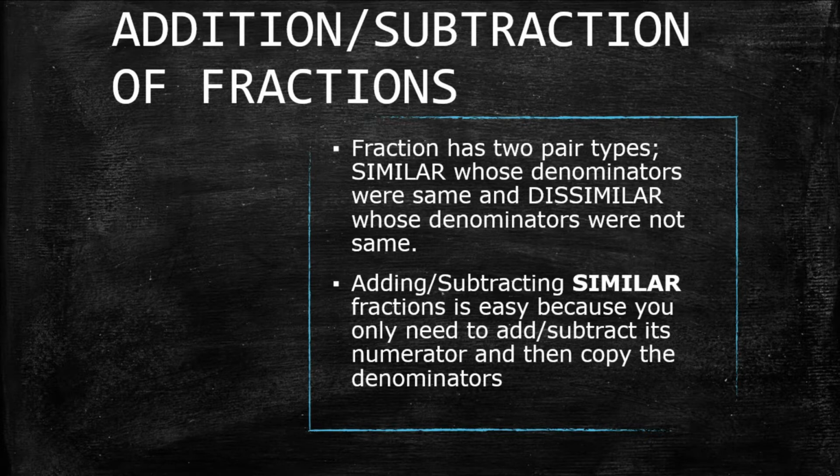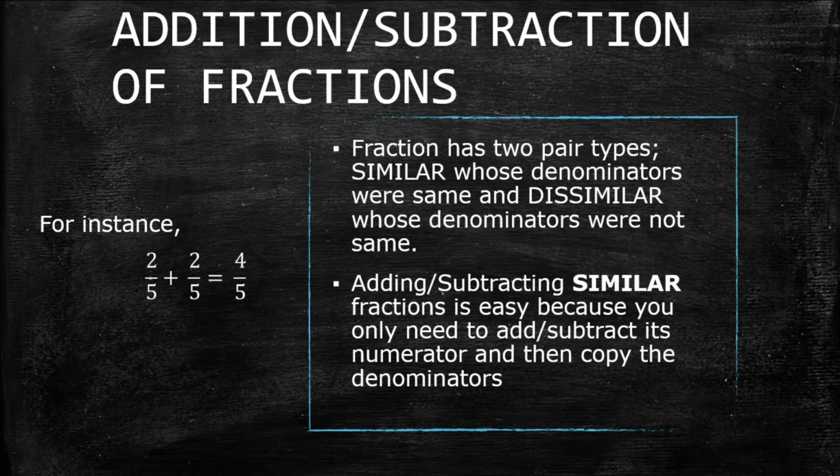Let's say, for example, 2/5 plus 2/5. Since the fractions both have denominators of 5, we just need to operate 2 plus 2. That's why the answer is 4/5, or 4 over 5.